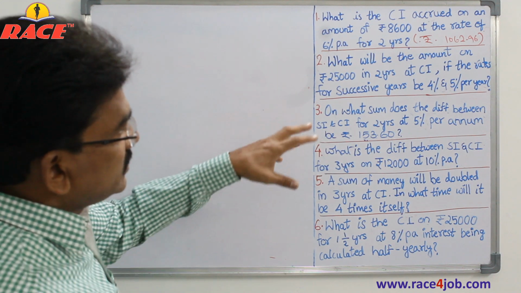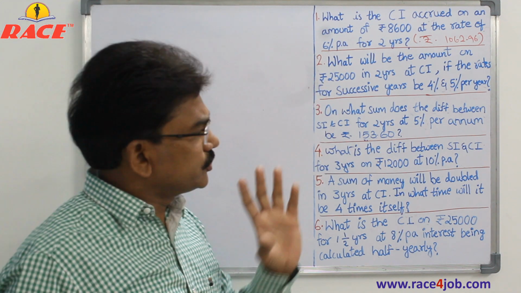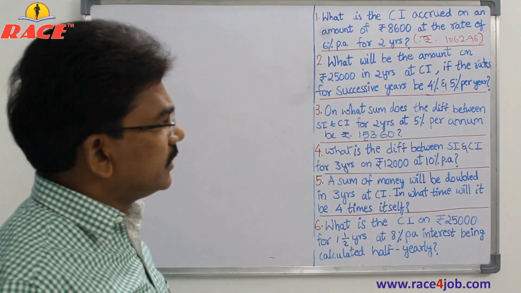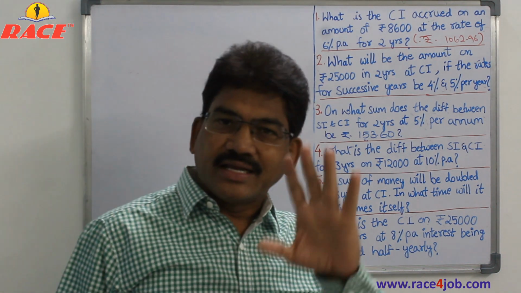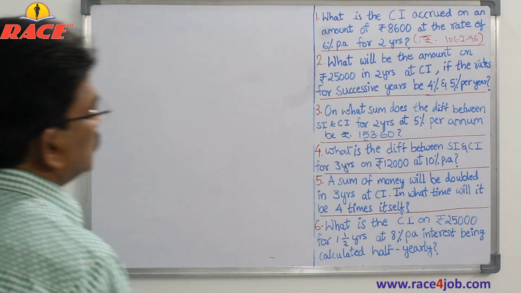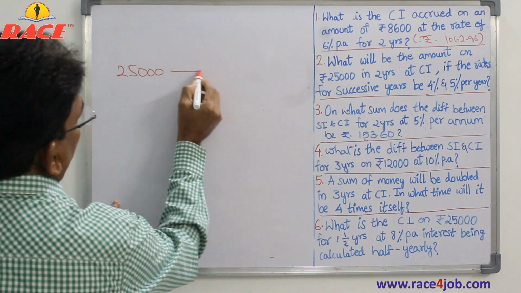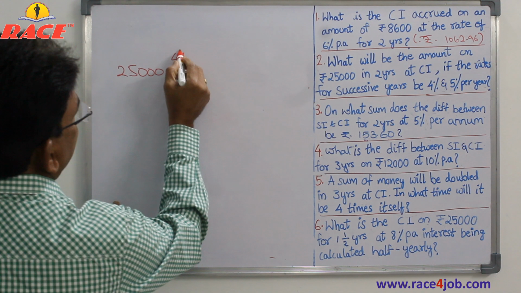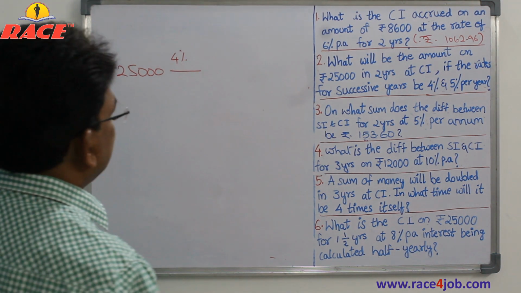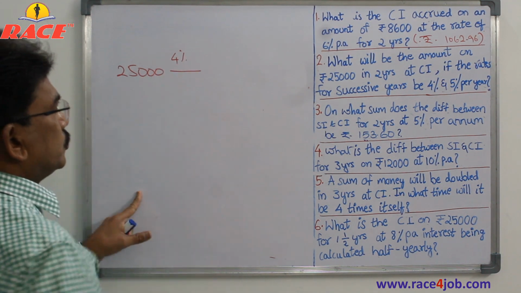Or, since he is asking what the amount is, here also, instead of using that method, calculating interest separately and adding is easy. I'll show you. So 25,000 is the principal. At a 4% rate, how much interest do we get? See here, 4% of 25,000.